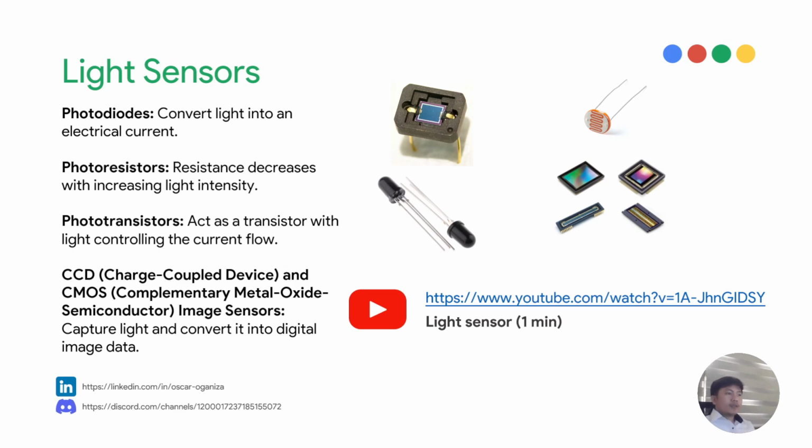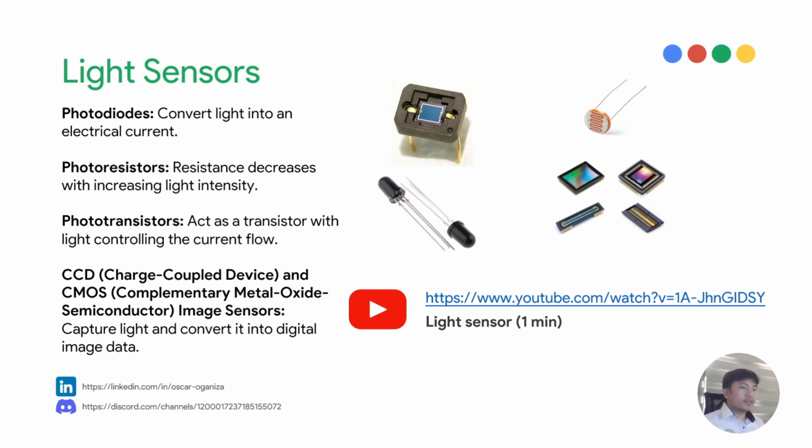Basically, these light sensors all convert light into various other energy forms. For example, the photodiode converts light into an electrical current. That's the first type.